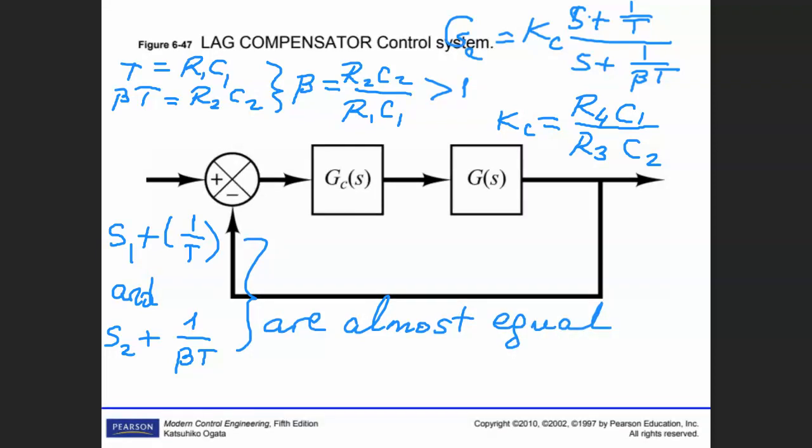What does that mean? I'm adding a zero, but I'm also adding a pole, but these are very near to each other. Very, very near.